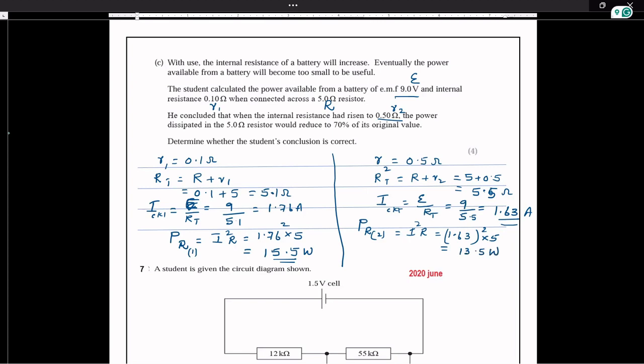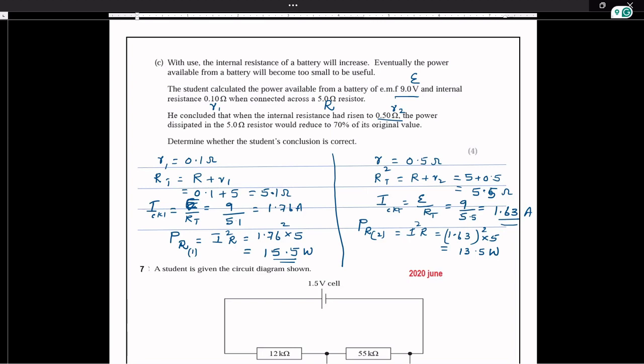See, the first power was 15.5. In the second case, the power is 13.5. But the student said that the power dissipated would reduce to 70%. So how much is 70% of P1?